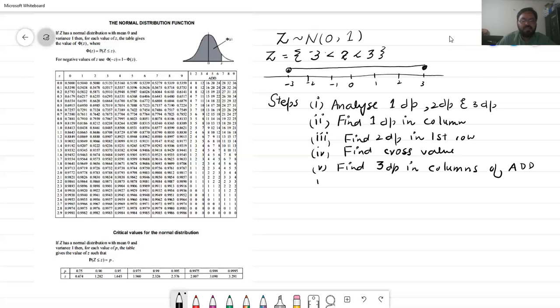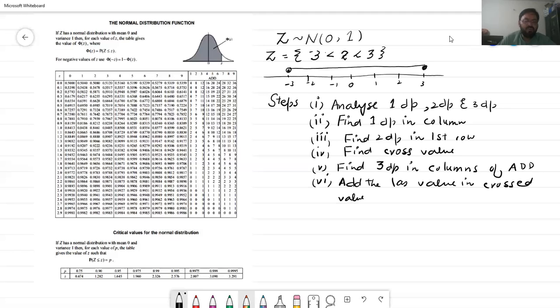And the last step is to add that last value to the cross value. So these are the steps.